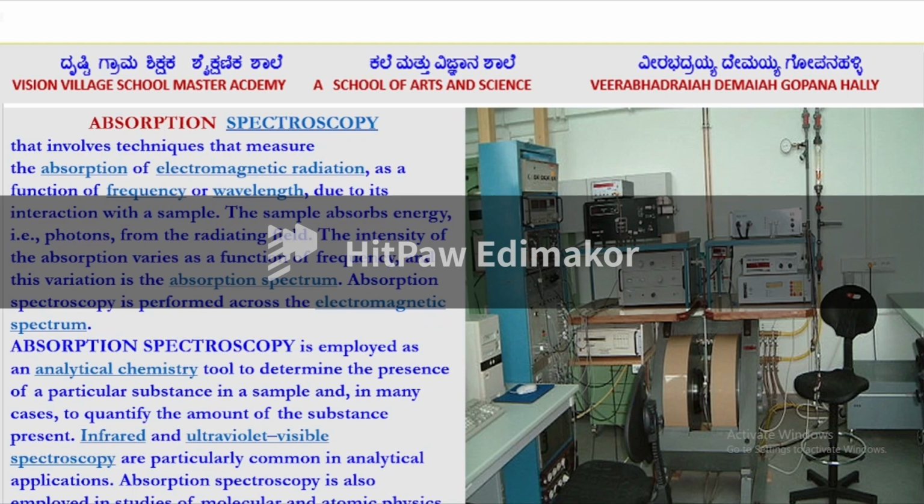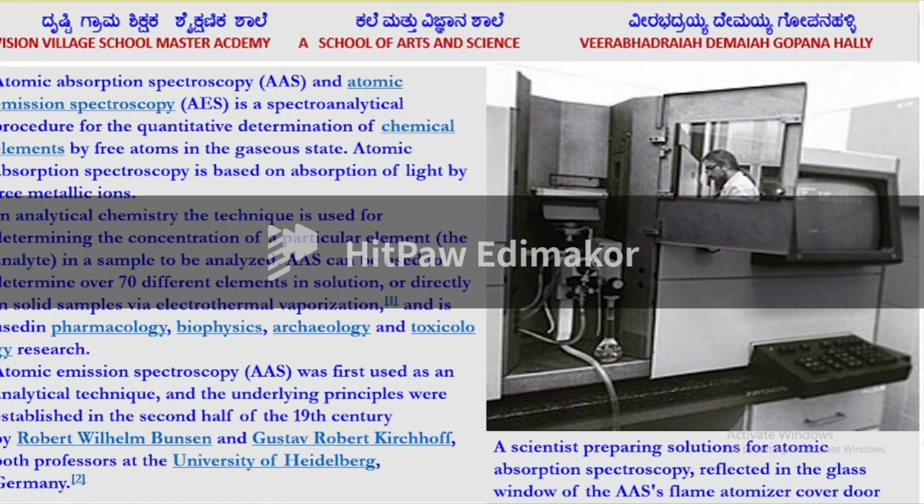I have experience with many instruments like the atomic absorption spectrometer, ICP-MS, and the mass spectrograph and many other instruments. Well, atomic absorption spectroscopy, AAS, is an analytical chemistry technique used for determining the concentration of a particular element.